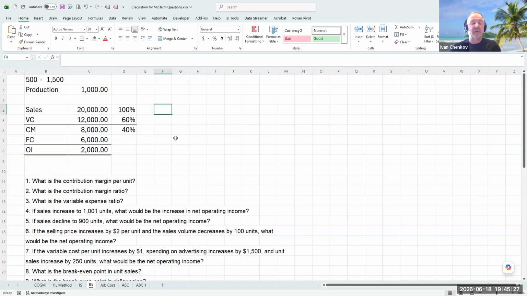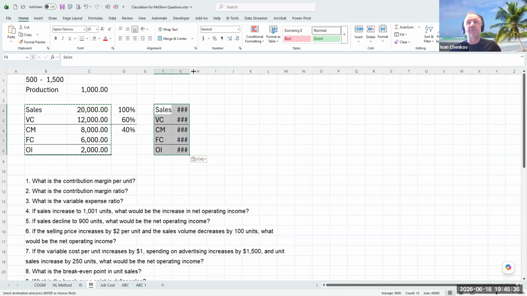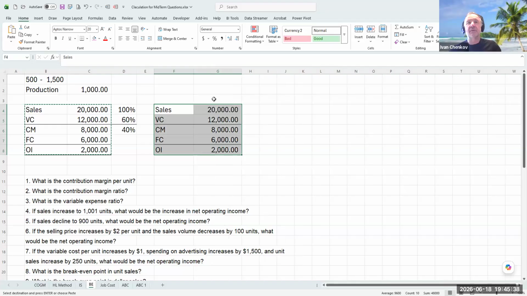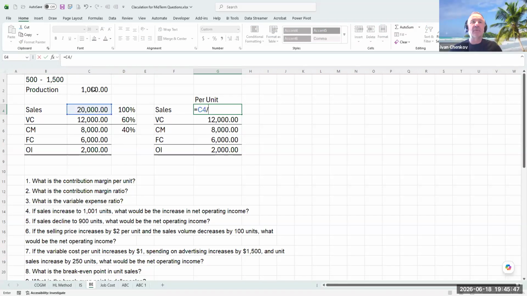Sales per unit, right? All this information, but on the unit level. Let me copy this one. I'm going to flip it here and start working to get per 1 unit. Per unit is simply this amount divided by 1,000.